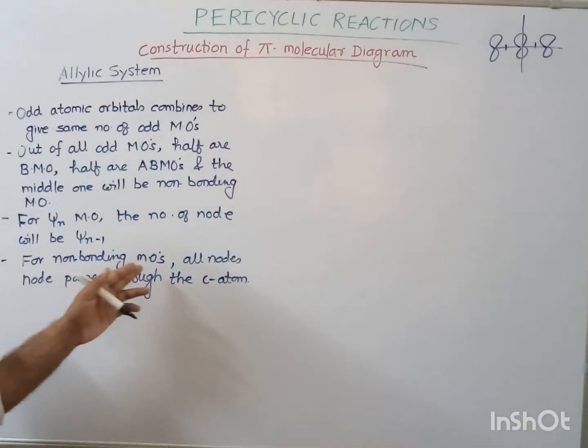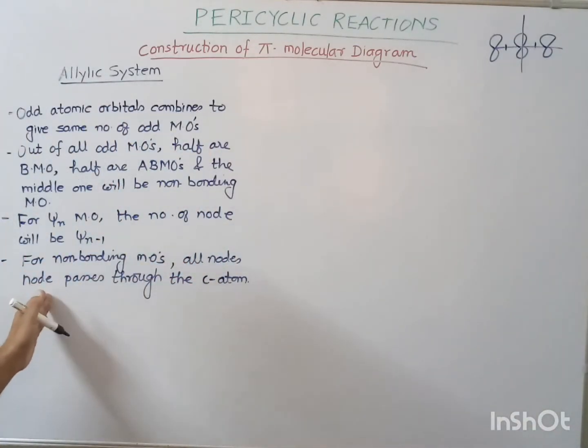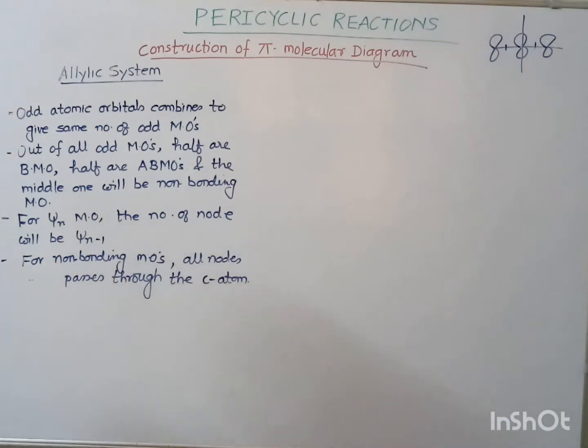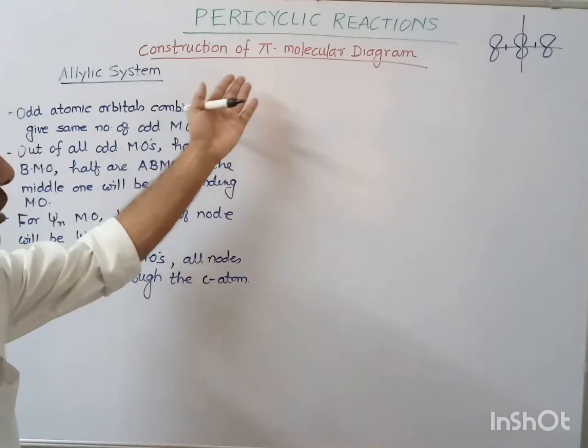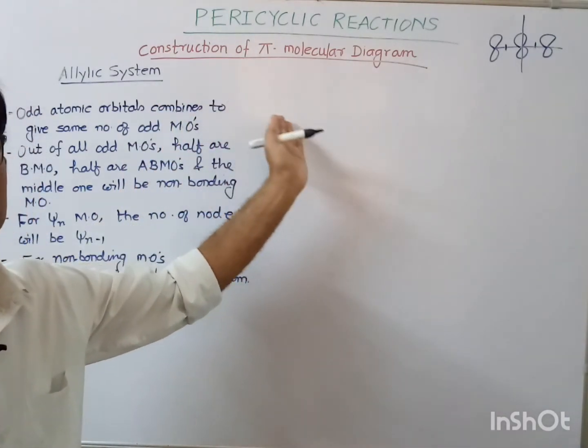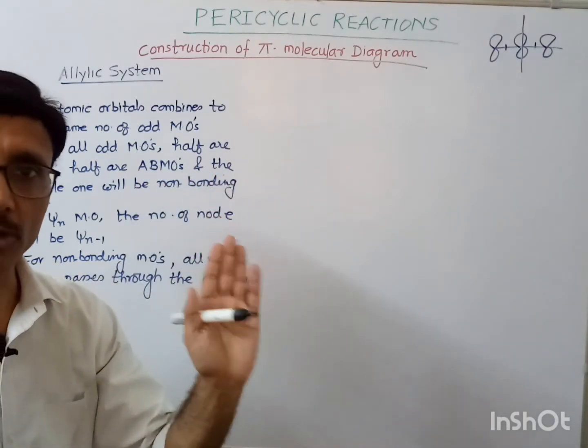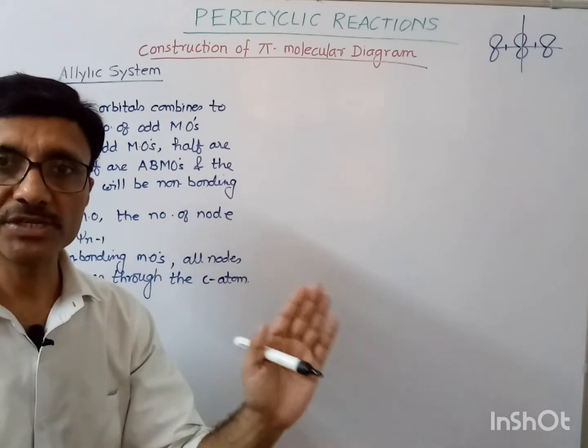So for the non-bonding molecular orbital, all nodes pass through the carbon atom. And in any molecular orbital diagram for this allylic system, you will have only one non-bonding molecular orbital, which will be present in the middle.